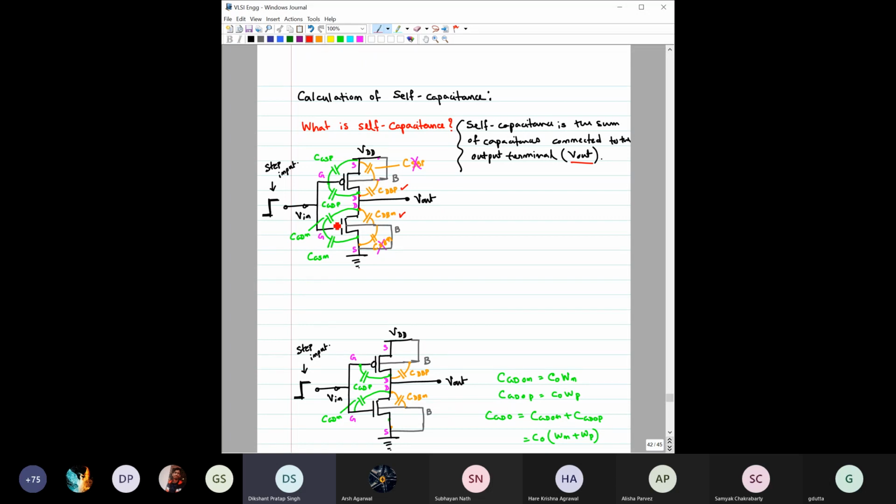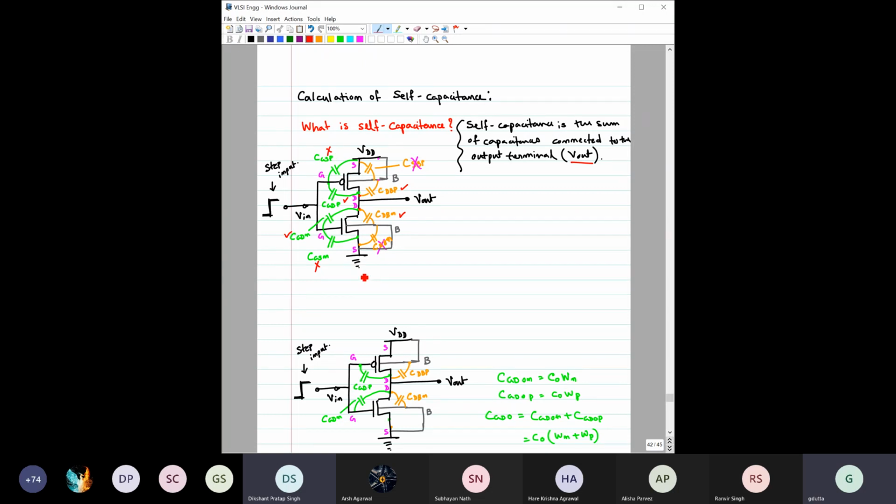CGDP and CGDN will contribute. Yeah, you can see that CGDP and CGDN have at least one terminal connected with the output, so definitely these two are going to play a role while calculating the self capacitance. Do you think that CGSP and CGSN would be contributing? No, right? Because they are not actually connected with this output node.